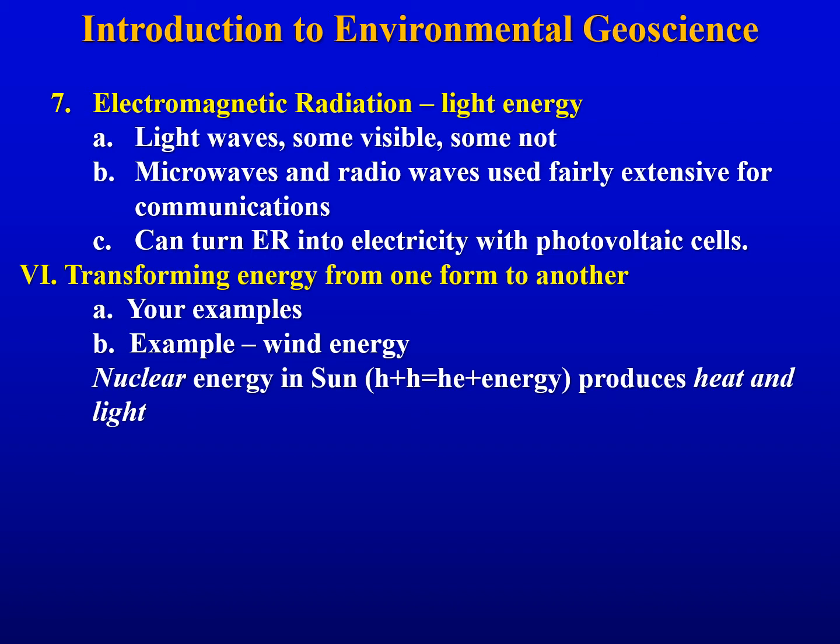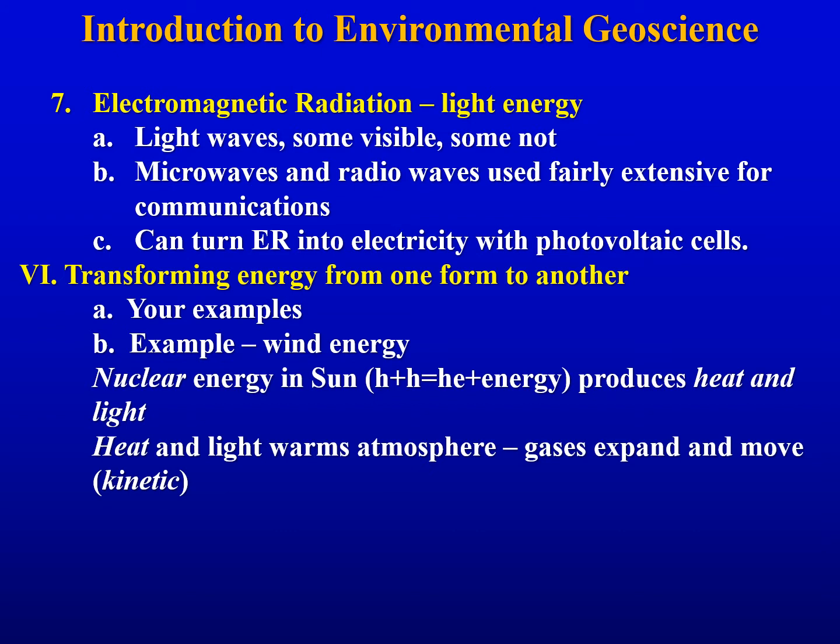The sun gives off both, as you know. You can see the sun burning and you can feel its heat. Now, it's mostly the heat that warms the atmosphere, but light plays a role as well. So the heat, as we talked about, I think, the first day of class, causes atoms to vibrate more rapidly, move around more rapidly, take up more space.